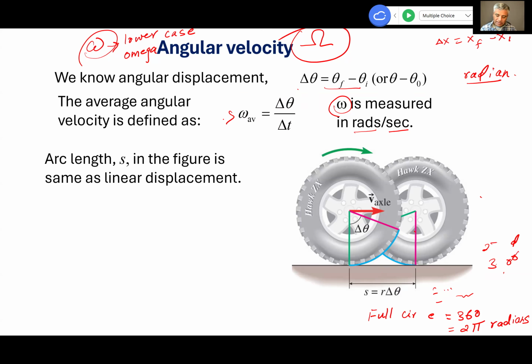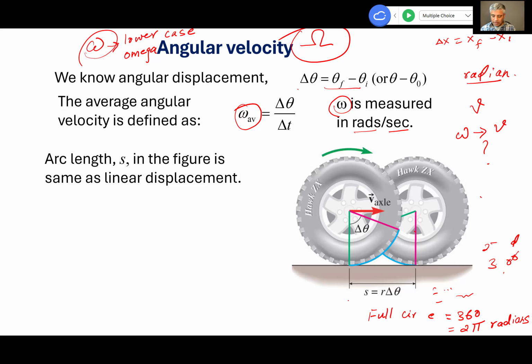So how is this average angular speed related to our average velocity, or simply how is angular speed related to linear speed? How is their relationship? They are both speed. So to do that, we can look at, let's say, imagine rolling a tire.